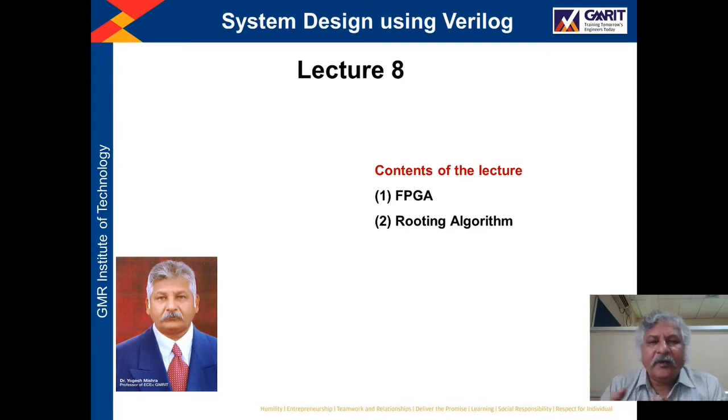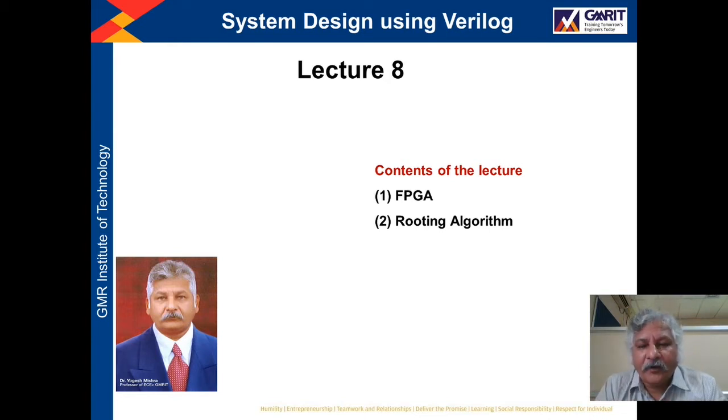So to reduce this propagation delay, another technology was developed, and that was PAL, Programmable Array Logic. In PAL, the AND plane is programmable, but the OR plane is fixed. So with this architecture, the propagation delay is somewhat improved.